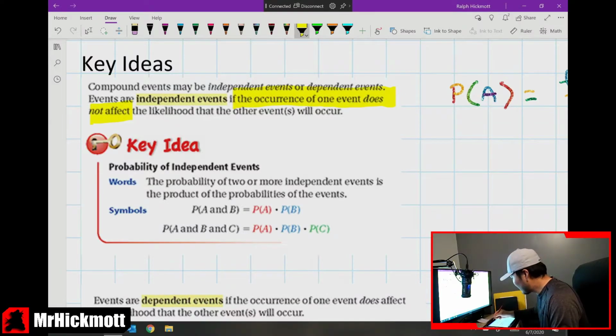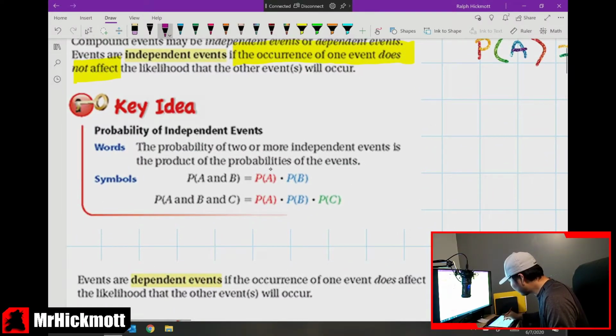So when we want to find the probability of independent events, all we have to do is find the probability of the first event and multiply it by the probability of the second event. So we just keep multiplying. If we have 3 events, we just keep multiplying each event and we figure out the individual probabilities. It's very straightforward. It's something that we've done in the past with calculating probabilities. We just have to multiply multiple versions.